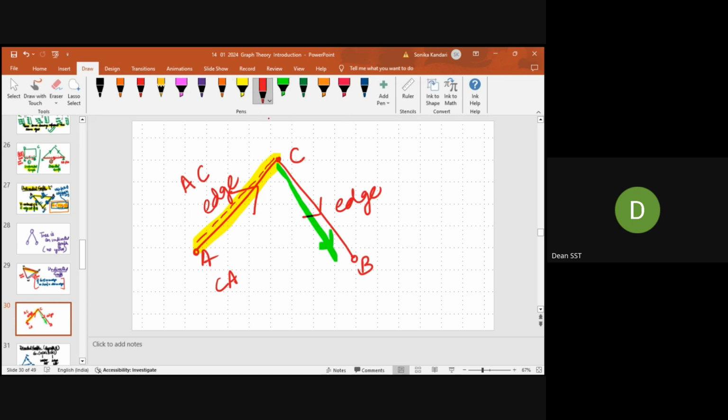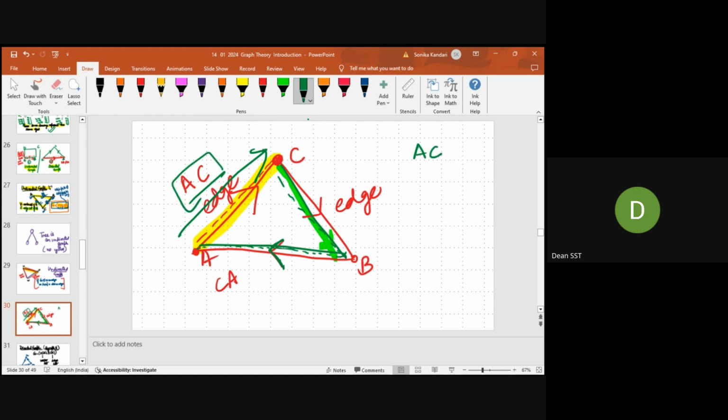If suppose I am having one edge like this, and the arrow is this, then in that case, moving from C to A, we will come here to B, and because the arrow is coming here, it means we can move to A. In this way, I will reach A. It means here we have AC only.